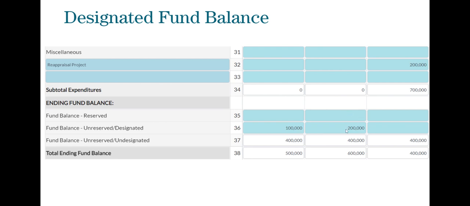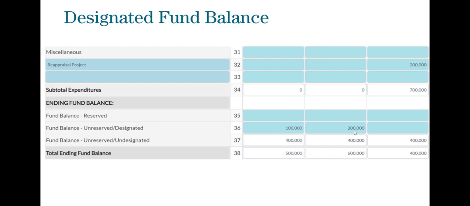So we're saving another 100,000 of that to be used in a future year. So our savings grew from 100 that we came into the year with. We added another 100 that we are saving during the current year. At the end of our current year, we plan to have 600,000 with $200,000 of that set aside for something we're going to pay for in the budget year.